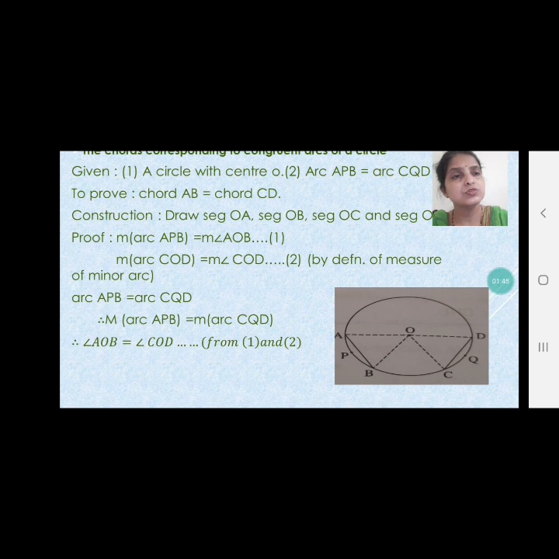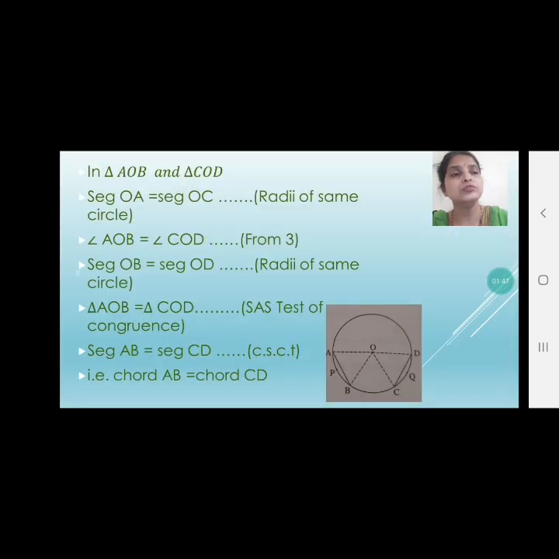So as they are congruent, their sides will also be congruent. So side AB is congruent to side CD. Now side AB is the chord and CD is also a chord. So chord AB is equal to chord CD. This is the proof.